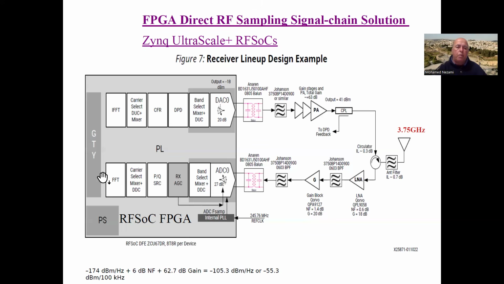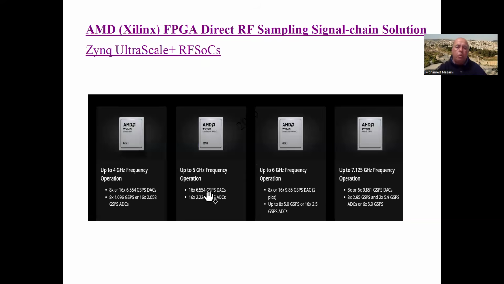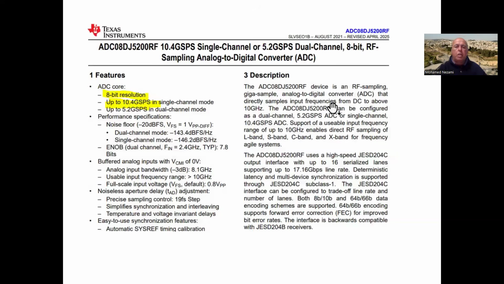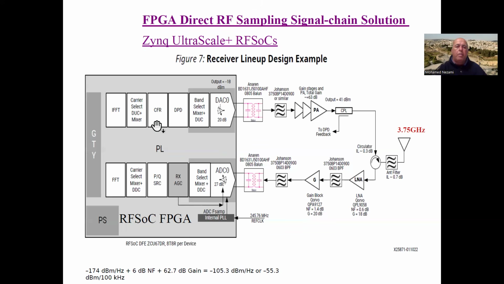Then you have basically a complete set of modem functions. When you utilize one of these ICs alone, you don't get that benefit. You still have to jump over to an FPGA or an ARM processor and do your demodulation. Here, in the FPGA, you really have it all in one.